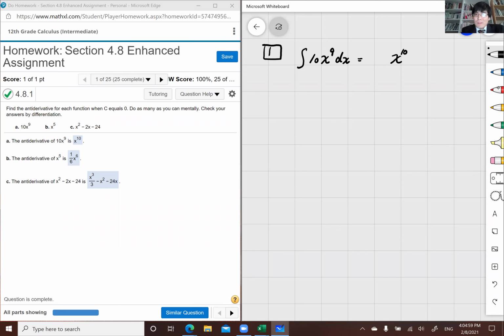And mentally try to differentiate x to the power of 10 to get 10x to the 9th. So this is the antiderivative of 10x to the 9th. So the rule is x to the n becomes x to the n plus 1, with 1 over n plus 1 in front, plus c.